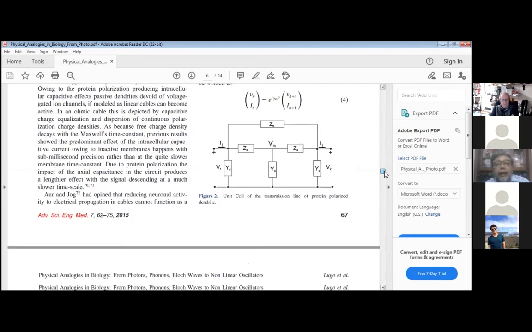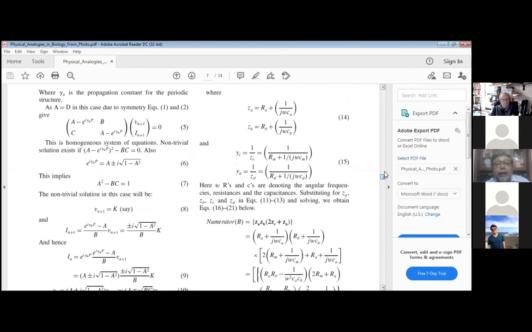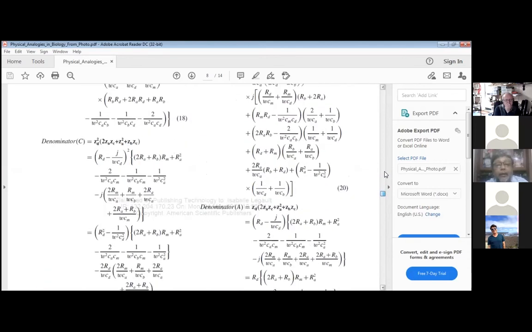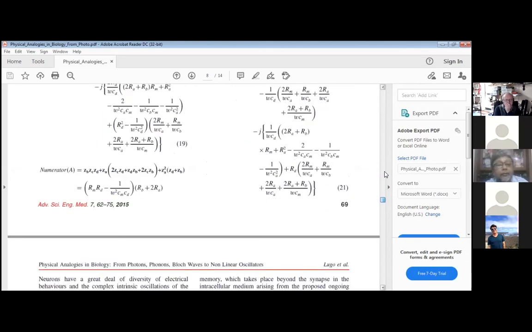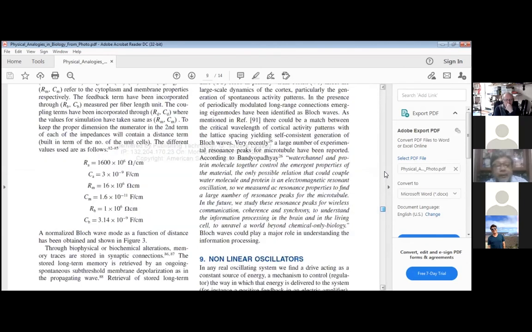I did not want to put all these calculations into the PPTs. We had these calculations, and we arrived at this one using realistic data of the different resistances and capacitances, the normalized Bloch wave mode.